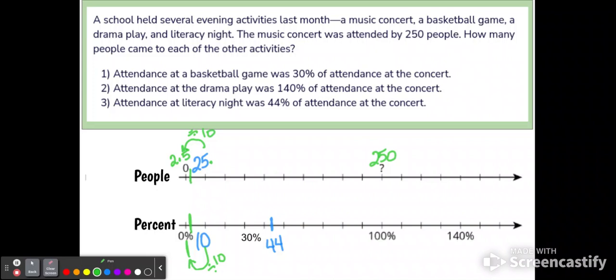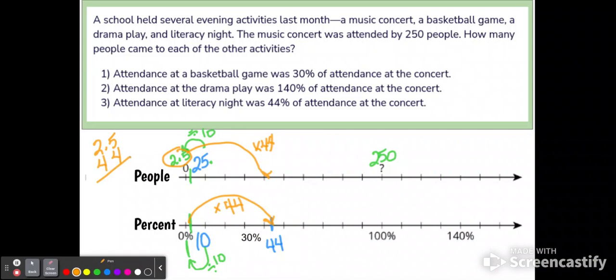Now that I know that 1% is 2.5, I can scale up to 44. So I'm going to ask myself, how many ones are in 44? Well, there are 44 of them. So I'm going to take my 2.5, and I'm going to say 2.5 times 44 is going to get me my answer. Let me do some quick math over here. 2.5 times 44.